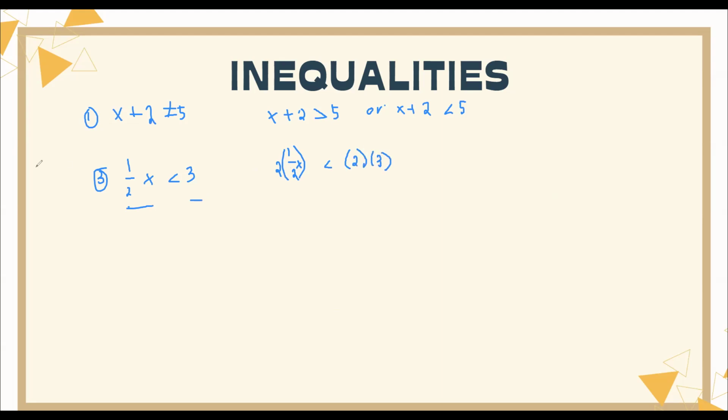You see here 1/2 x and then 3. This is your A, this is your B, C is 2. And then you just, of course, have to simplify it. So this will cancel. You have x is less than 6. This is property 4, the multiplication property.